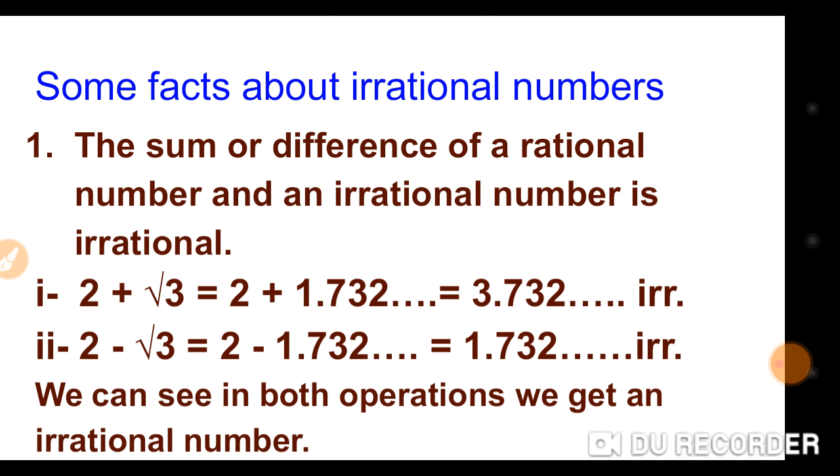So let's see here. The sum or difference of a rational number and an irrational number is irrational. We can see by an example. 2 plus root 3 is an irrational number because 2 is rational and root 3 is an irrational number.